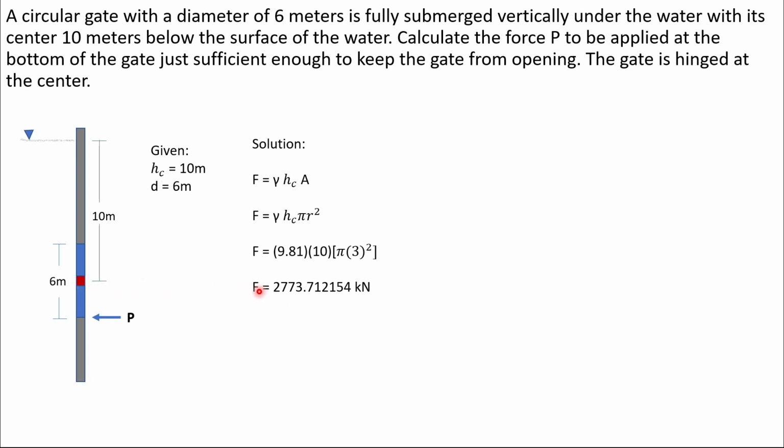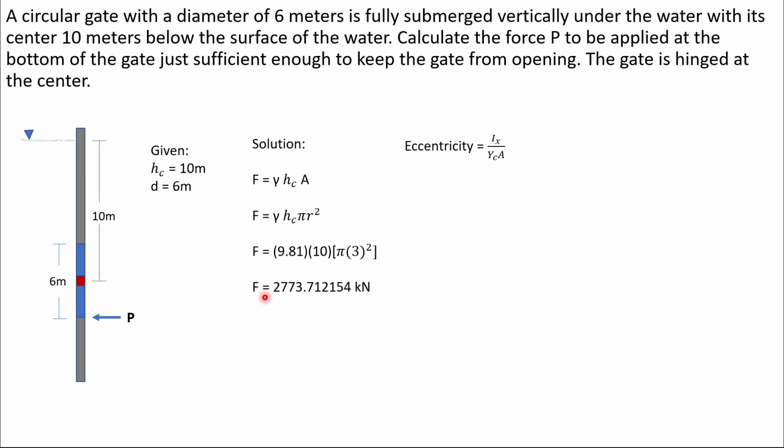And we need to solve first the location of force F, which can be solved using the formula e equals I sub x over y sub c times A, in which this eccentricity is the distance from the center of gravity of the gate to the location of the force F.